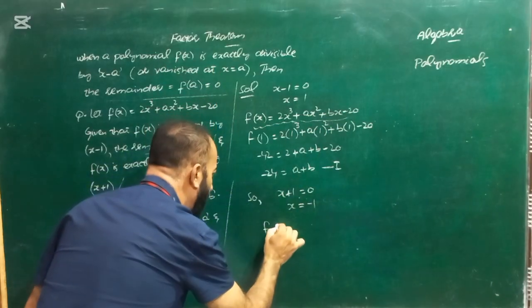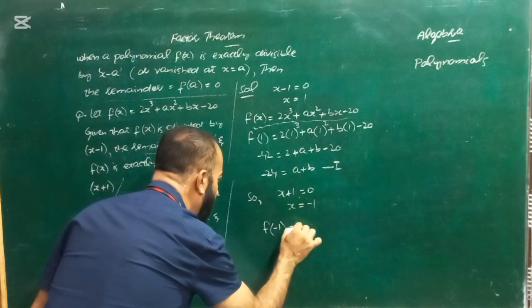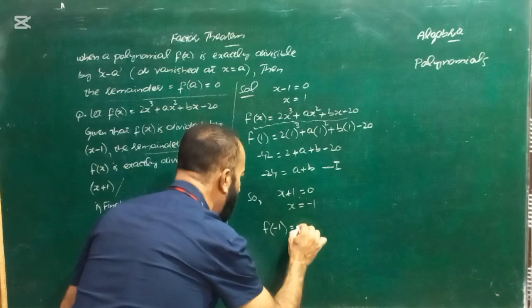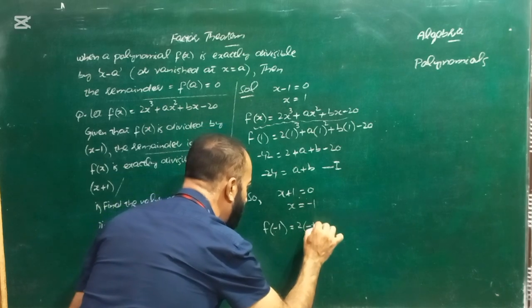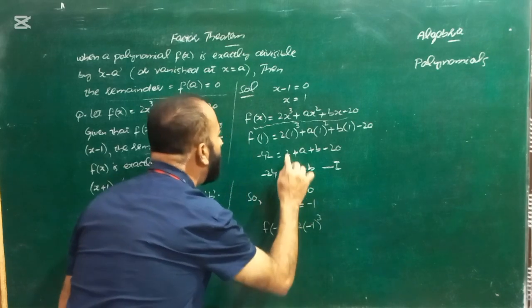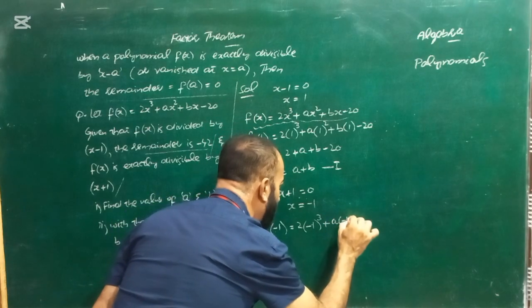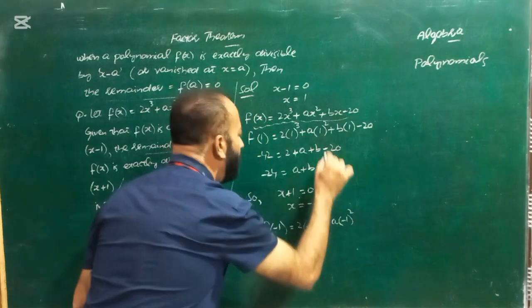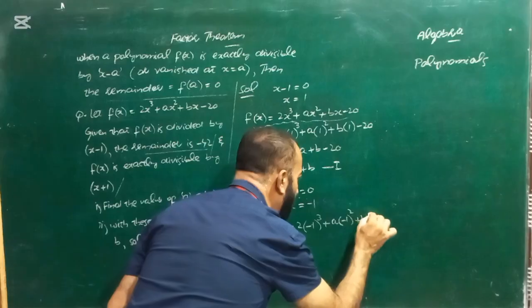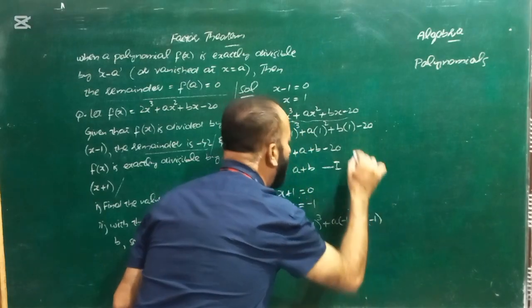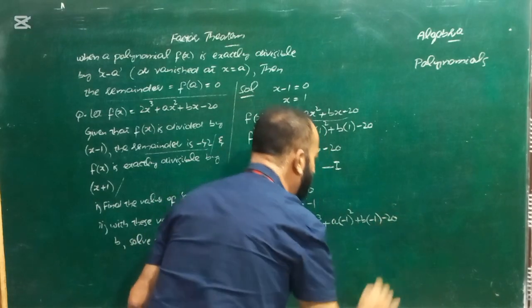So f of minus 1 is equal to 2 into minus 1 cube plus a into minus 1 square plus b into minus 1, and minus 20 is still there.